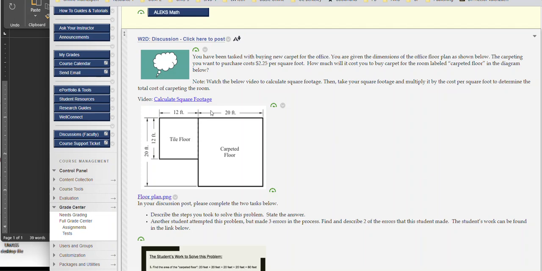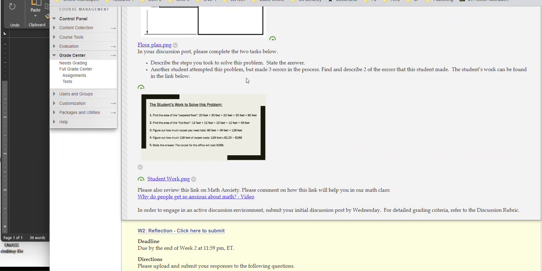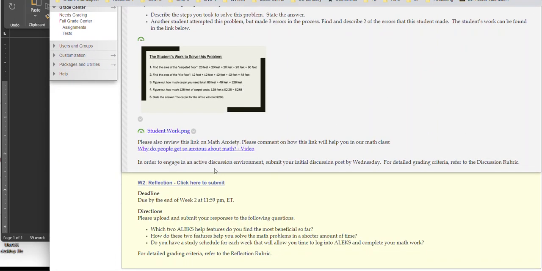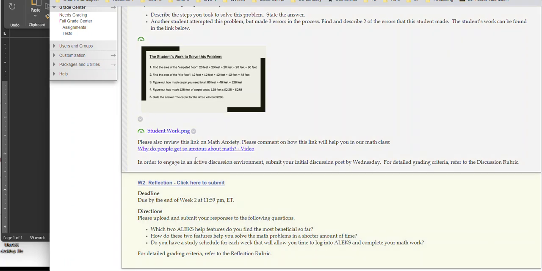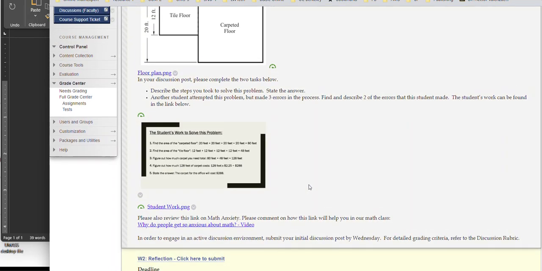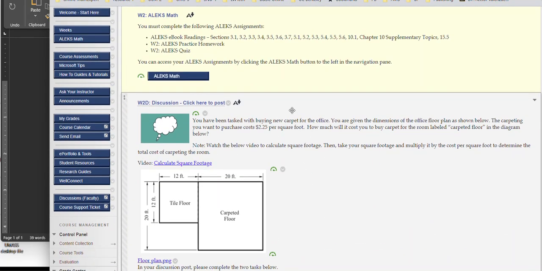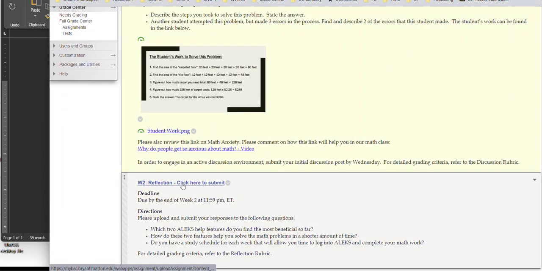But that gives you an idea of how to do the square footage. Let's take a look. Now you also have your reflection, the Week 2 reflection. What you'll do is you're going to submit your responses to the following questions.